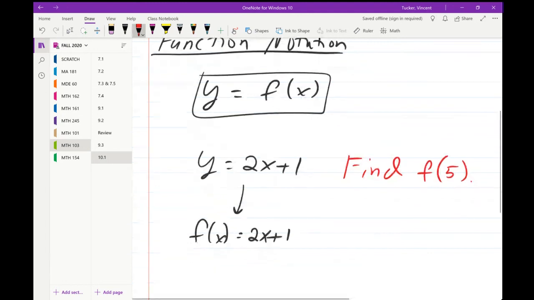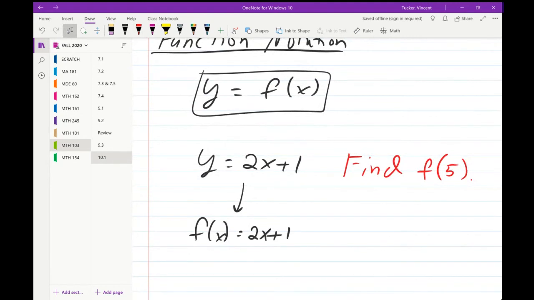All it does is give you the opportunity to substitute in a value or use symbolism to give directions. So if they tell you to find f of 5, then that means that where x is, you're going to put a 5 in your function. Your function had to be defined first before you can do this problem. So you can't just say find f of 5 and never give what f of x was.